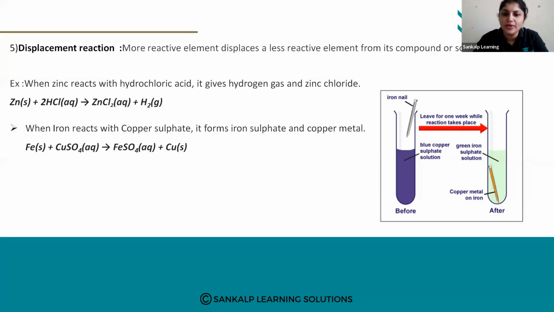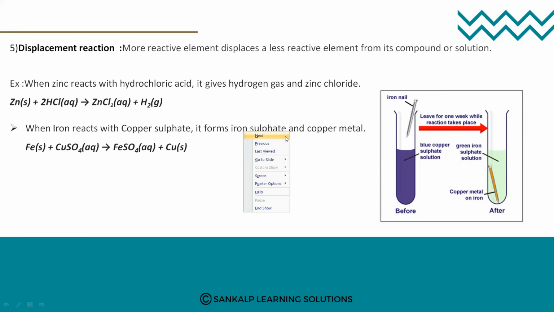The copper ions get displaced by the iron, and it forms iron sulfate. So this is the displacement reaction: the element which is more reactive displaces the element which is less reactive from its compound or solution.